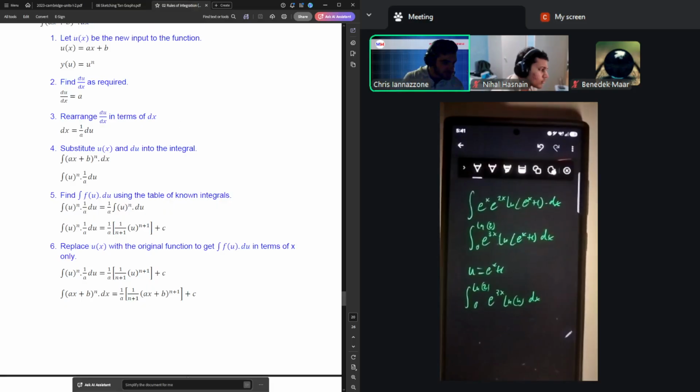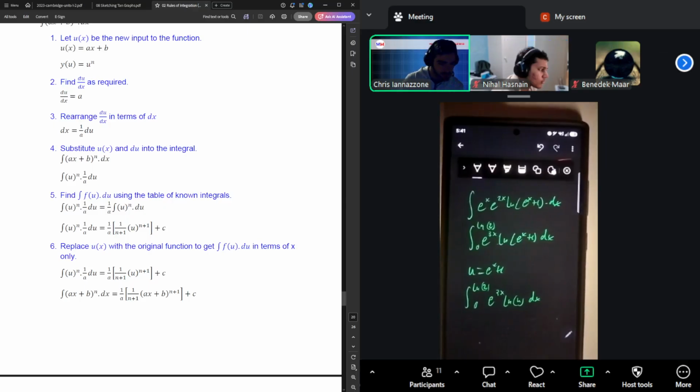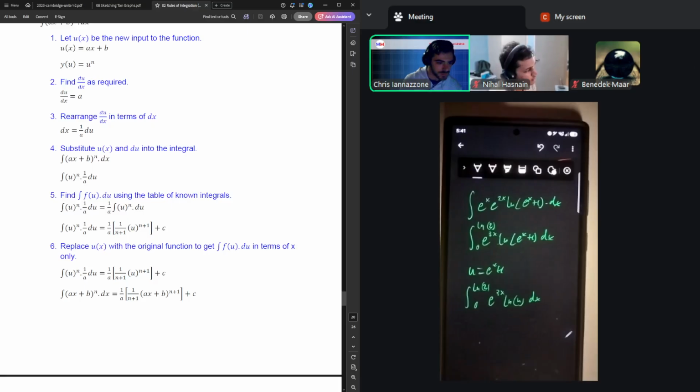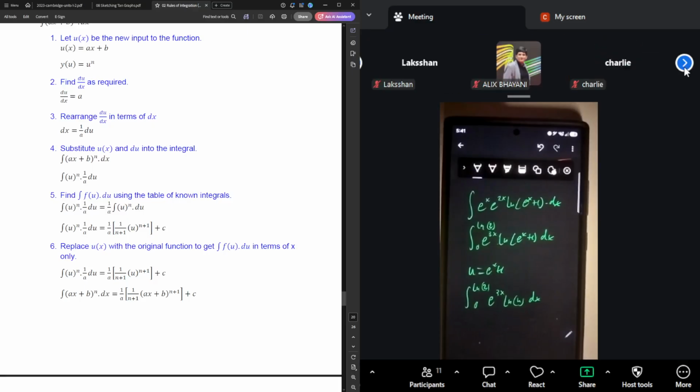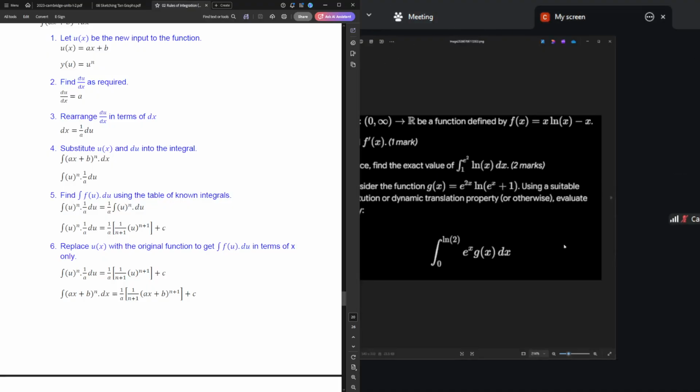The challenge I'm seeing with this question is that it has a product rule related thing in there as well. You have e to the x in there as well, which is a bit more challenging. So my assumption is that there's going to be some sort of play between those, which is why I've started by replacing the inside of the bracket, e to the x plus 1, with u.